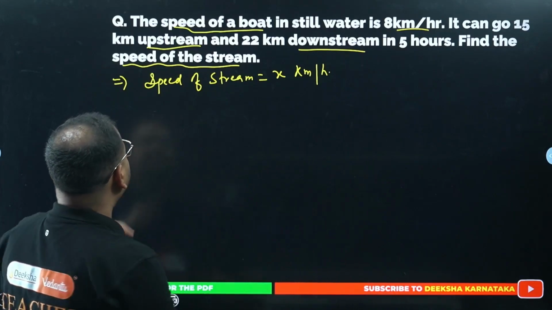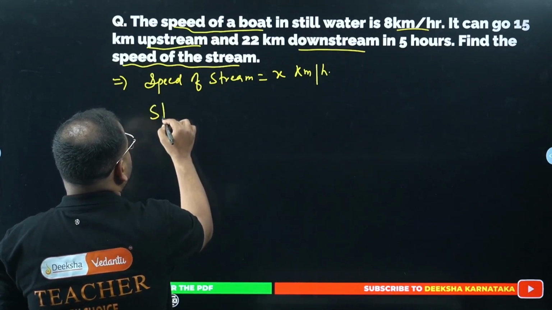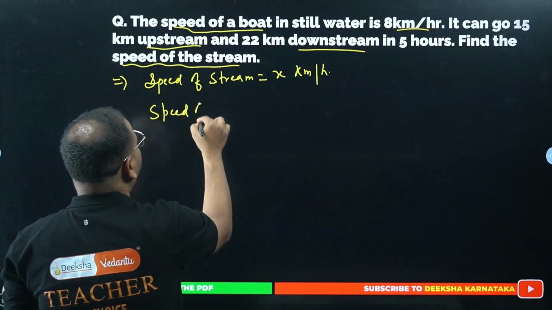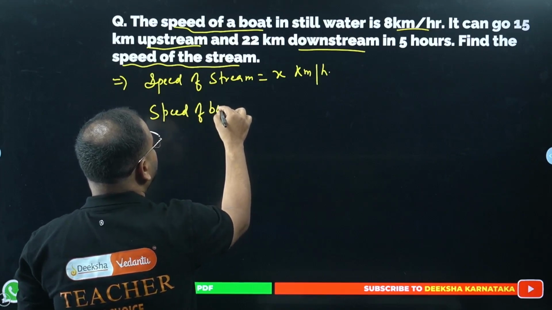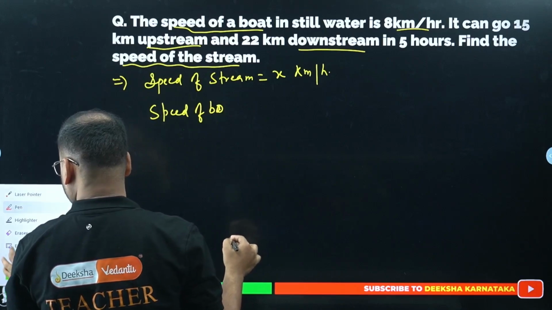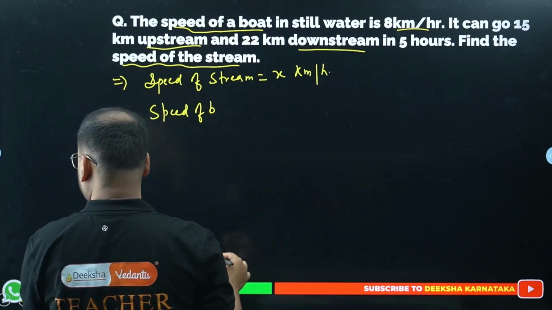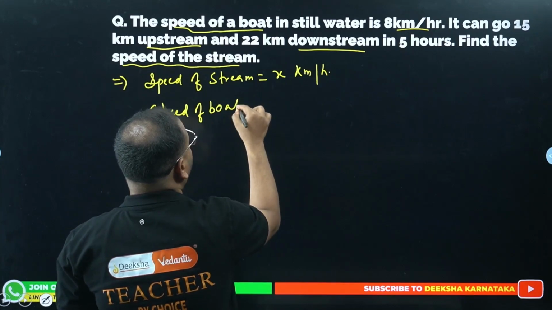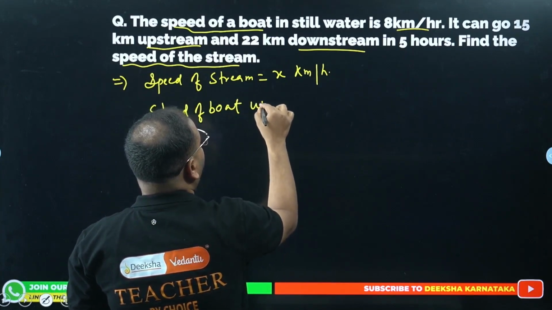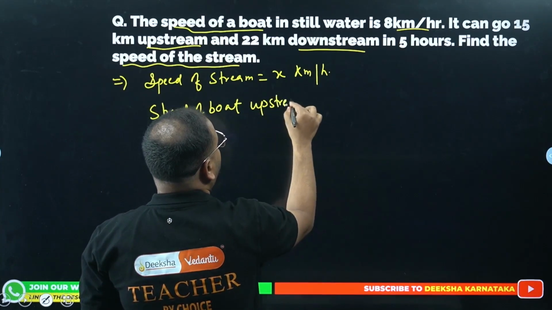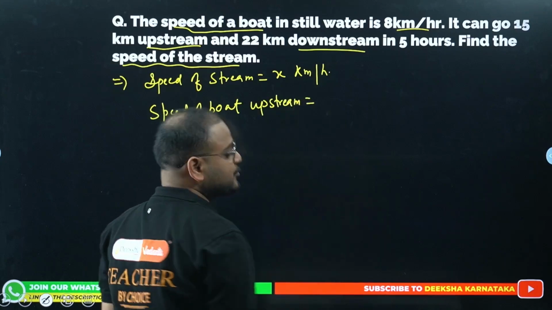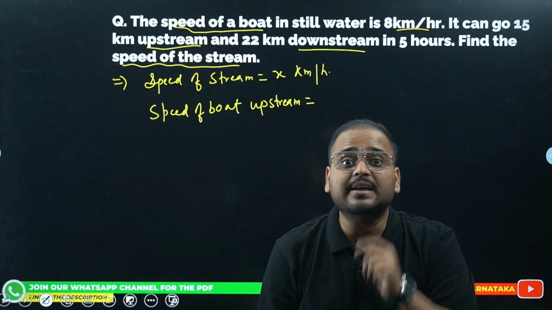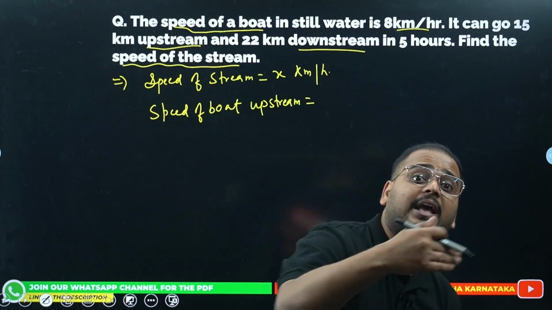Okay, so let's write the speed of boat. Which way? Upstream we'll do first. What happens in upstream? The speed will decrease because I am moving against the stream.